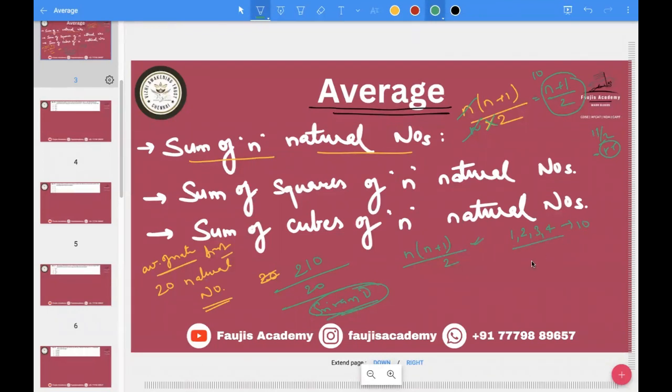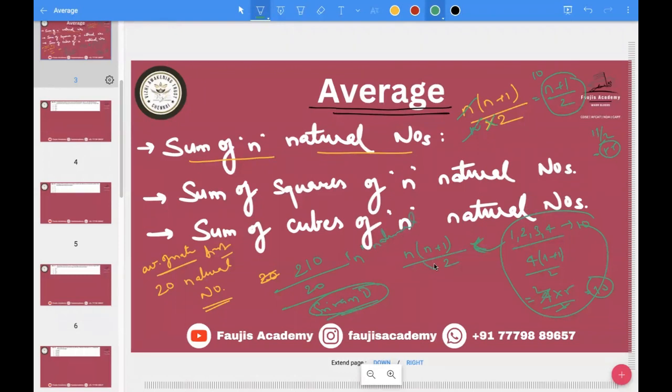So n into n plus 1 by 2 means 4 into 4 plus 1 by 2, which is 4 into 5 by 2, that is 10, right? From this calculation, we found out that n into n plus 1 by 2 is the sum of the first n natural numbers.